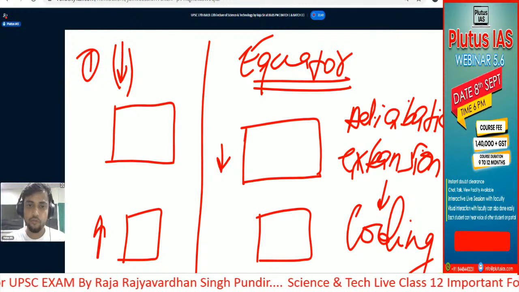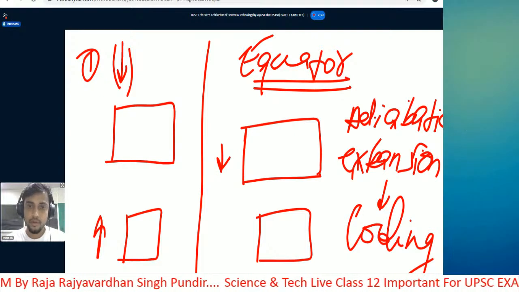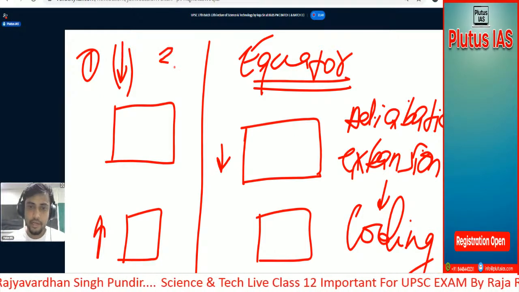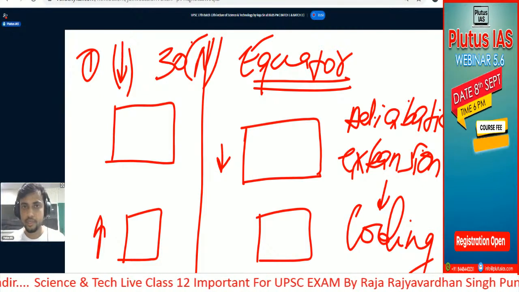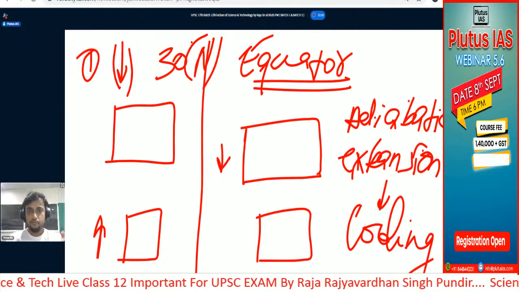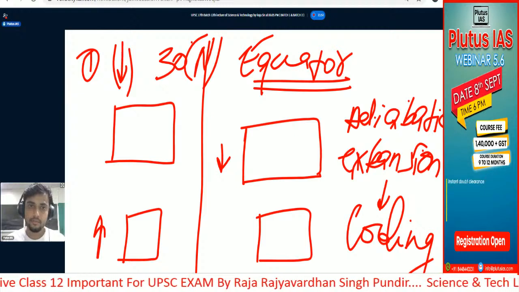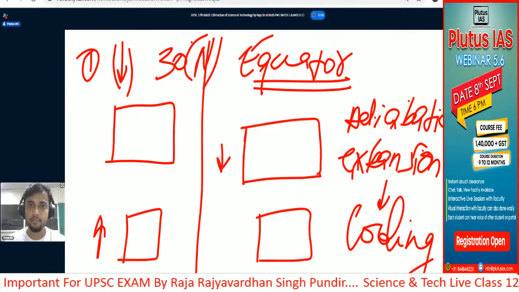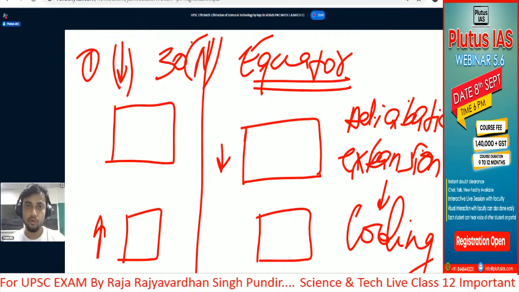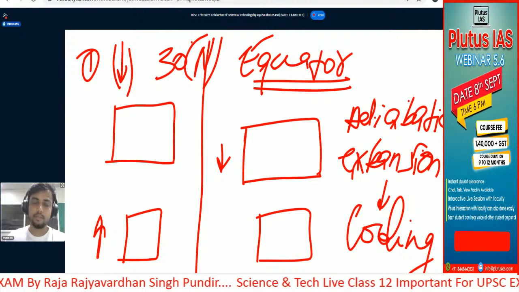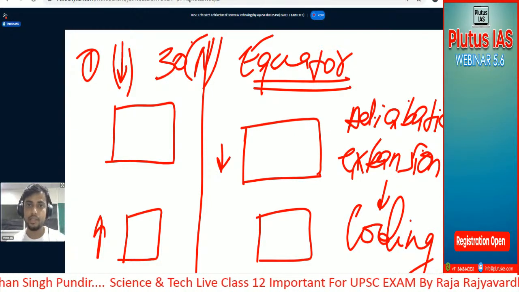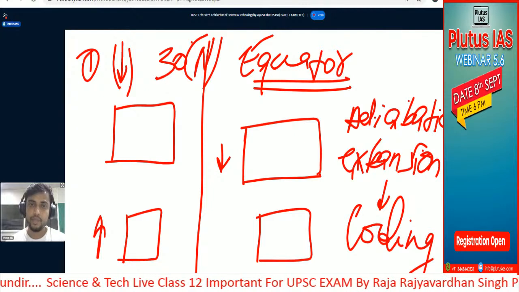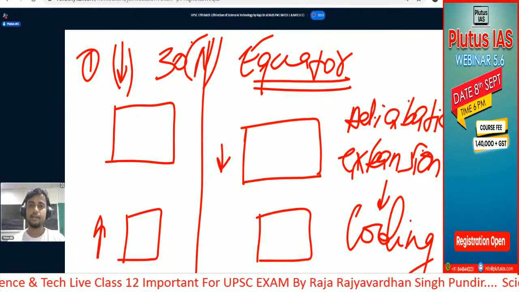The temperature of the air column increases. So at the 30° north and south, we have descending air. If you see that diagram where I drew the pressure belts on the earth, then on the 30° north and south, the air is descending, and on the equator, the air is ascending.